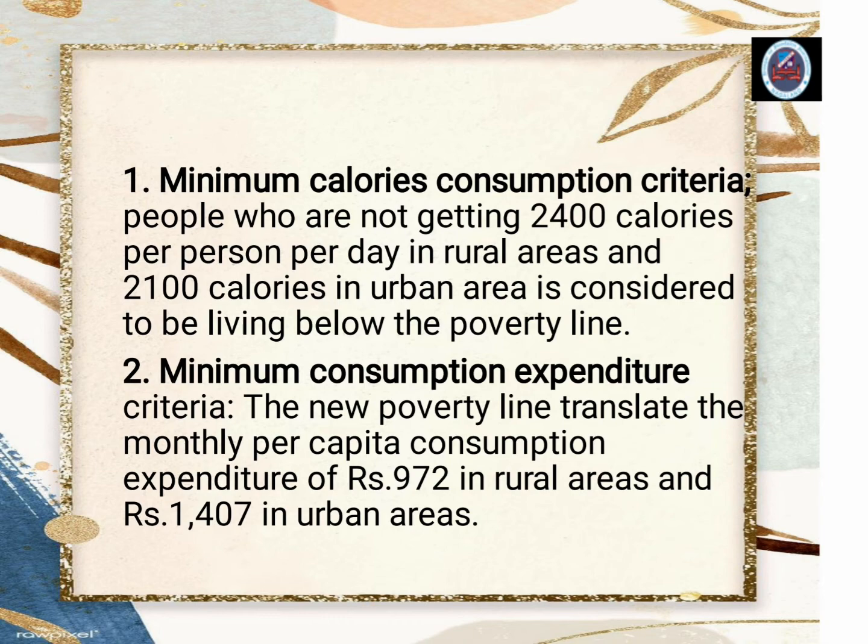So those people who could not spend a minimum of 972 in rural areas and rupees 1407 in urban areas, those who could not spend this much money, are regarded as people living below the poverty line. So these are the two criteria in absolute poverty.